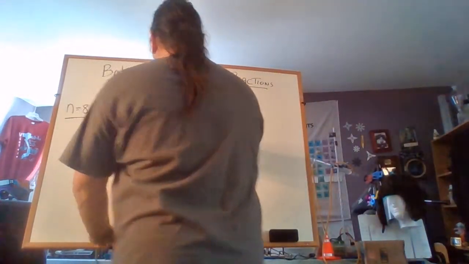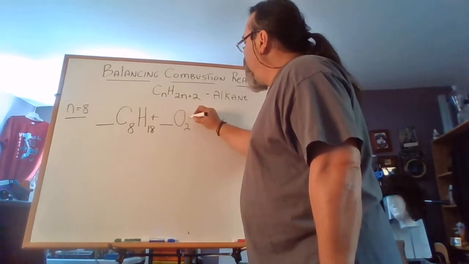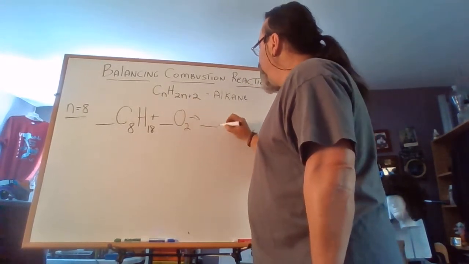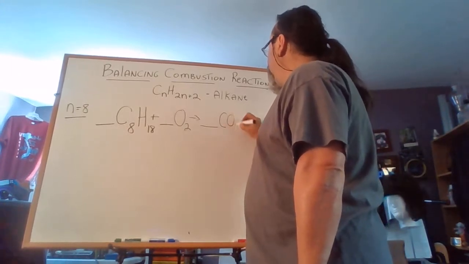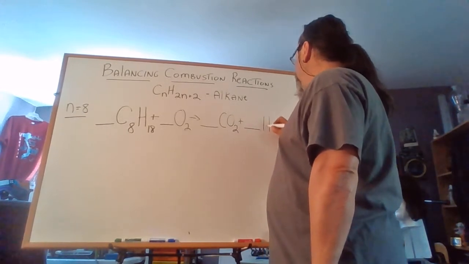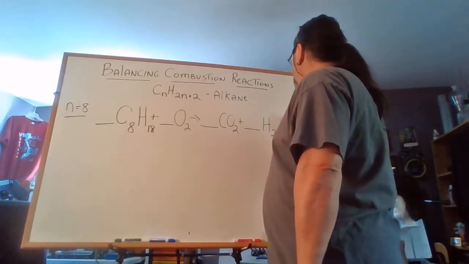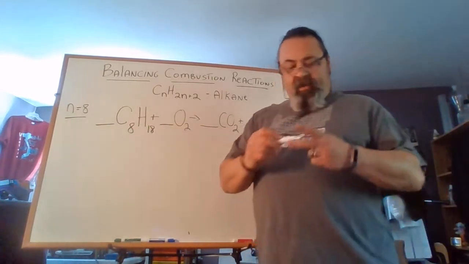So we're going to fill that out here. We're going to add our oxygen here, put our arrow, and put a blank in so we can add our coefficient later. And then it's always going to give us a product of carbon dioxide and water. Now this happens to have 8 carbons.